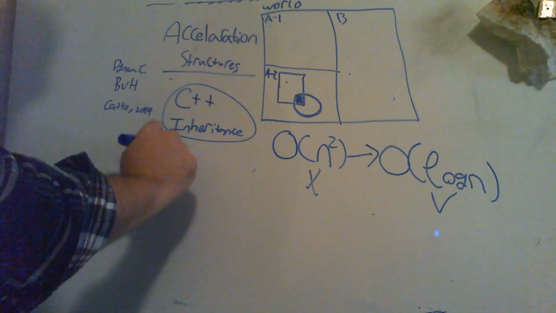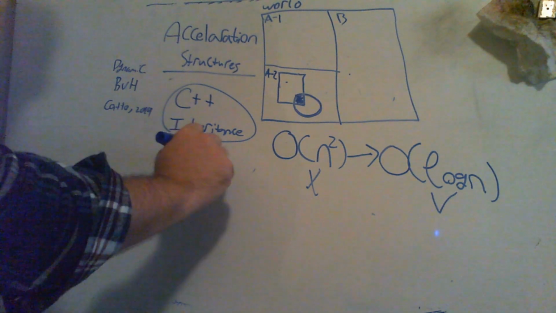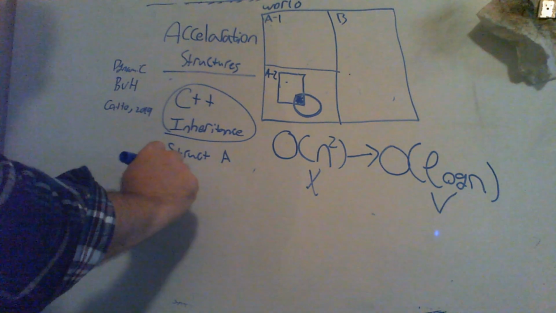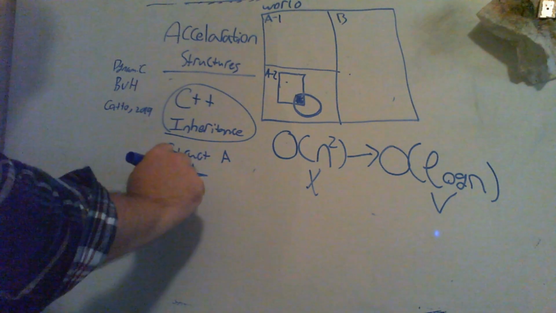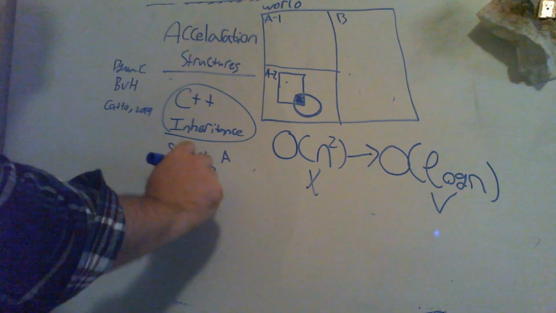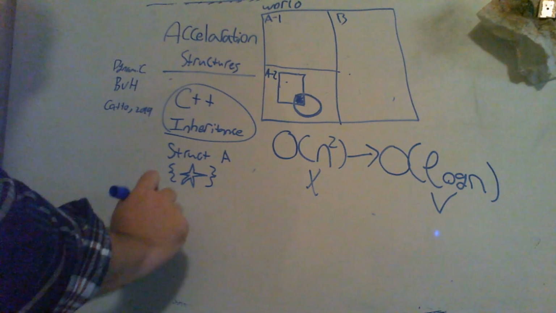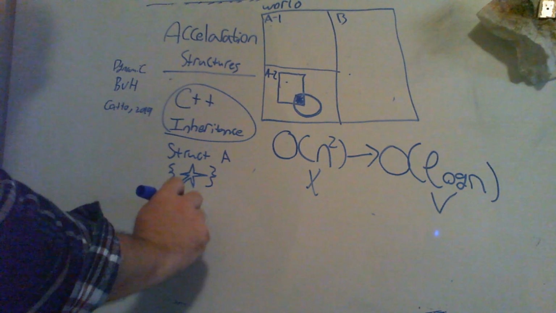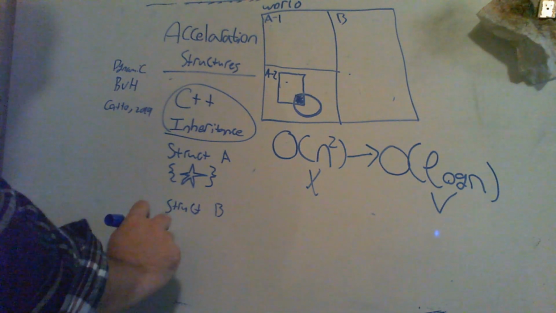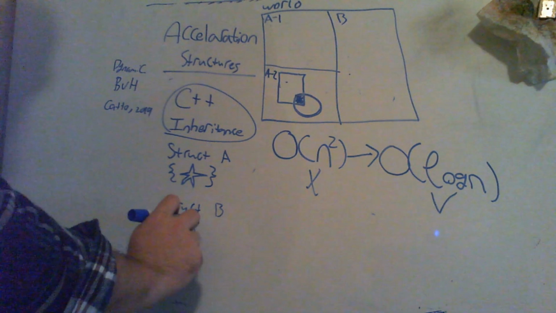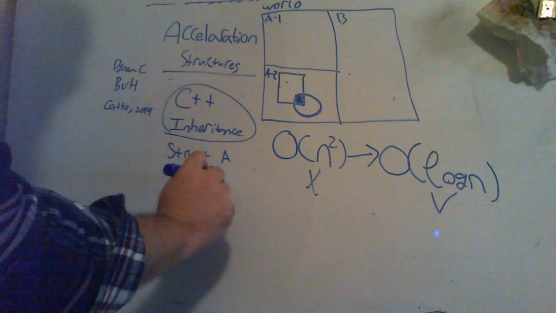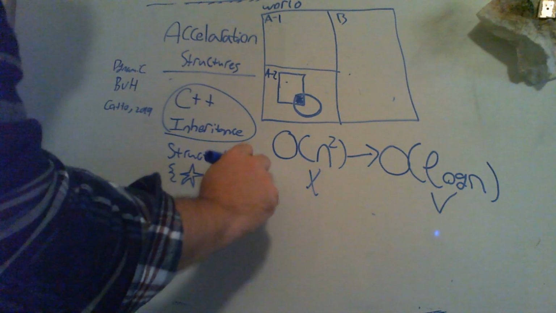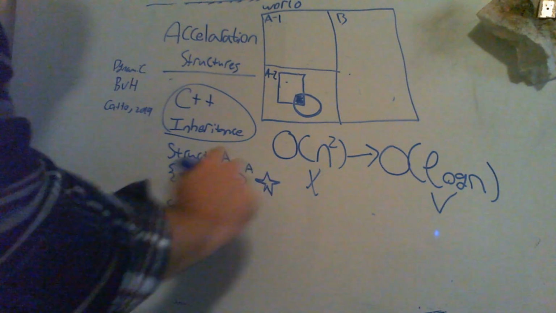Say we have some struct A, and it looks like this. Some horrible programmer art star. And then we have some struct B, and B, just a little circle. So what we can say is that A, pictographically, looks like that.